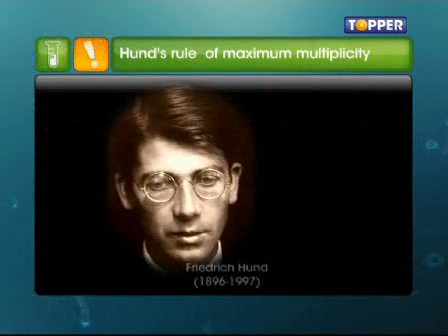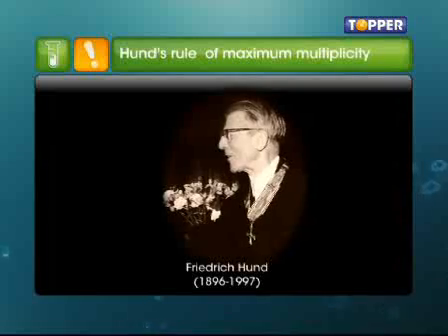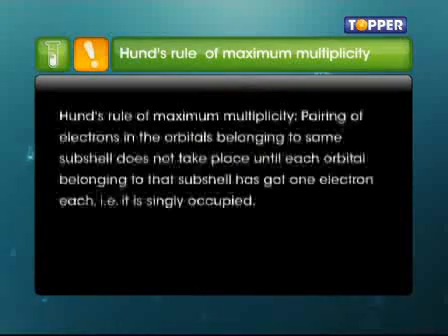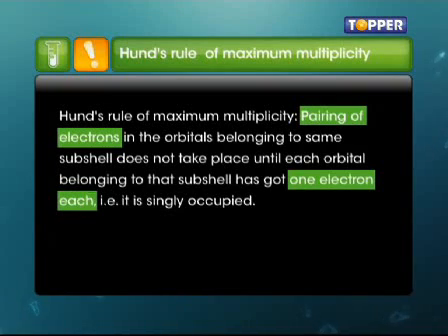Using the rules mentioned earlier, we learned how to fill the orbitals. But the manner in which they are filled is also important. This is based on Hund's rule given by German physicist Friedrich Hund. According to it, the pairing of electrons in orbitals belonging to the same subshell does not take place until each orbital belonging to that subshell has got one electron each.